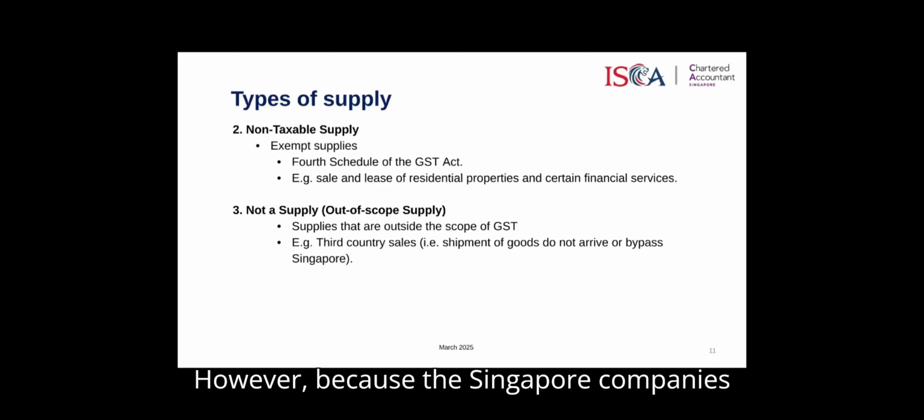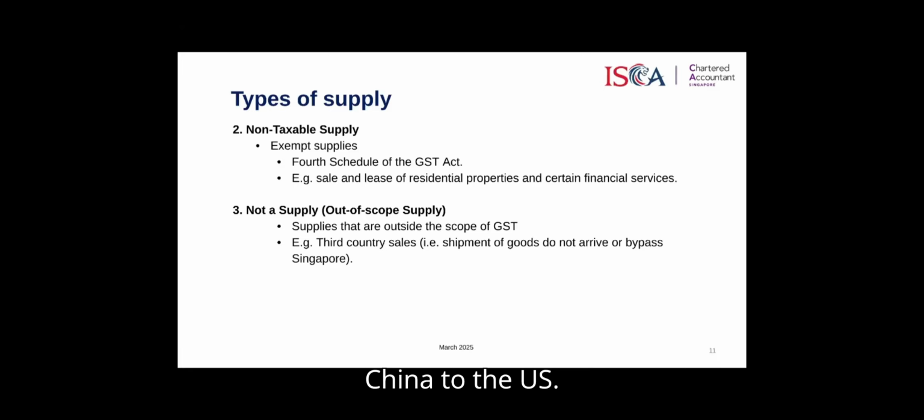However, because the Singapore company manufactures those goods in China, they physically ship the goods from China to the US. Hence, instead of treating them as zero-rated supplies where the goods are exported, we should regard this as out-of-scope supply where the goods did not at any time physically enter or leave Singapore. This would be a classic example of a third country sale.